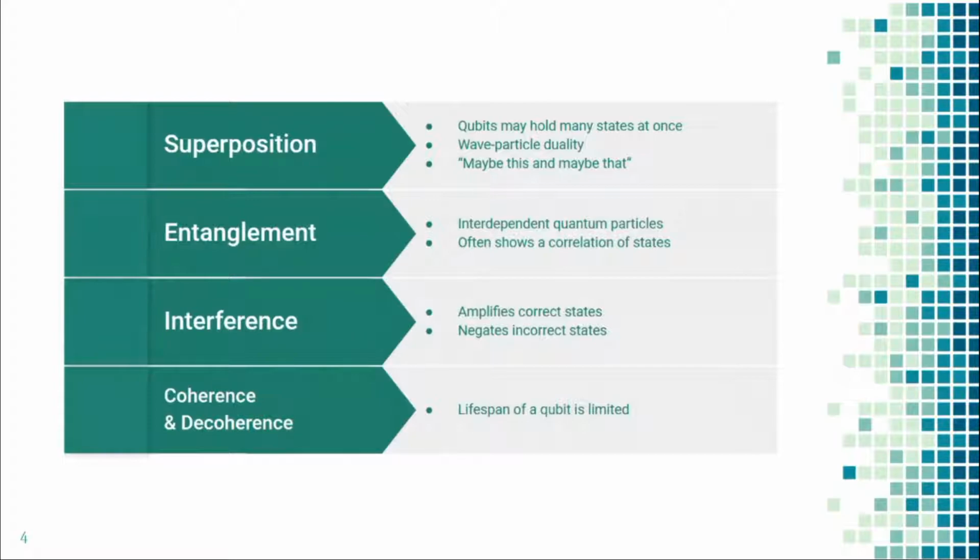And there are two main principles of quantum behavior that especially apply to quantum computing. And those two are superposition and entanglement. Superposition is what I was trying to encapsulate by describing a qubit as representing 0, 1, and everything in between.